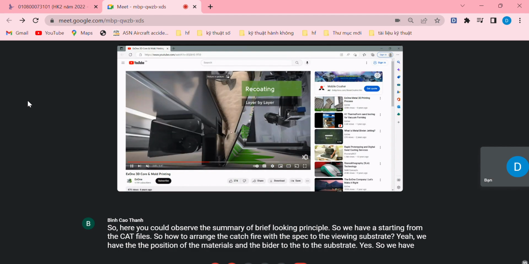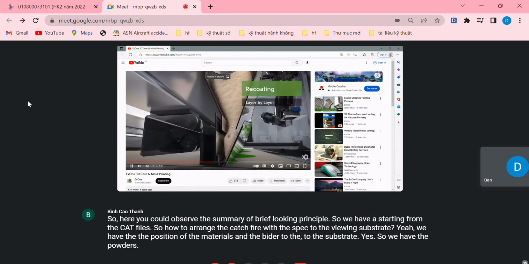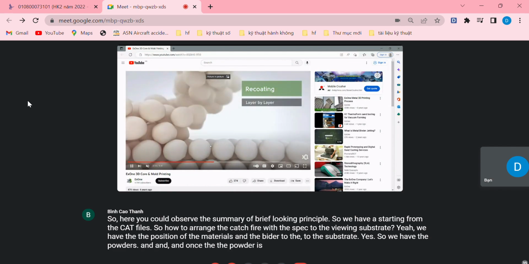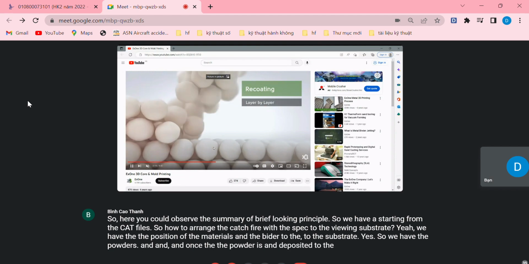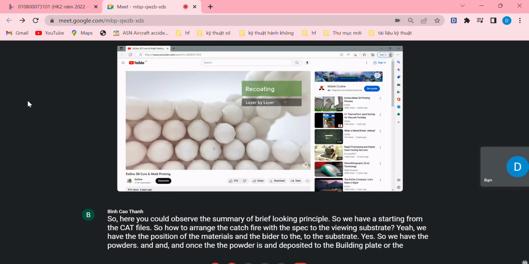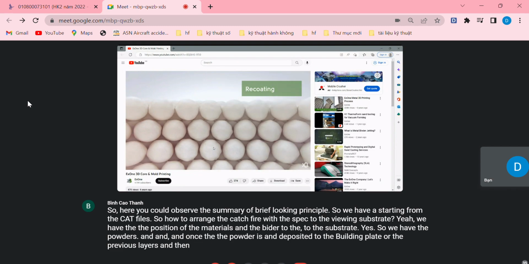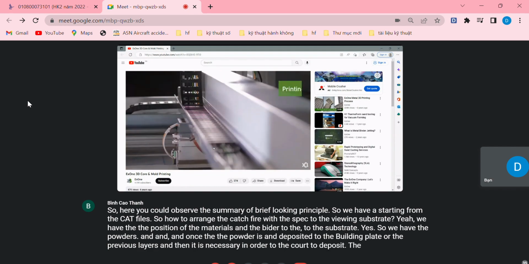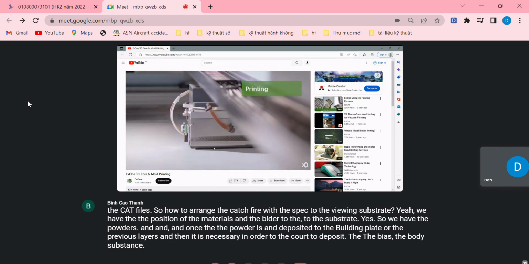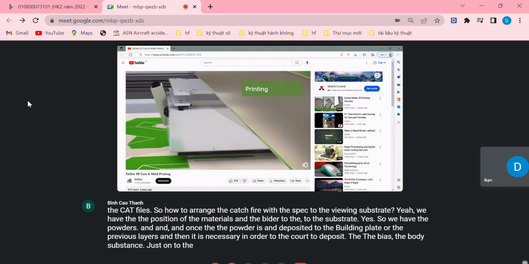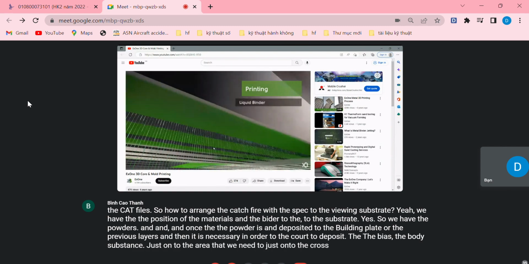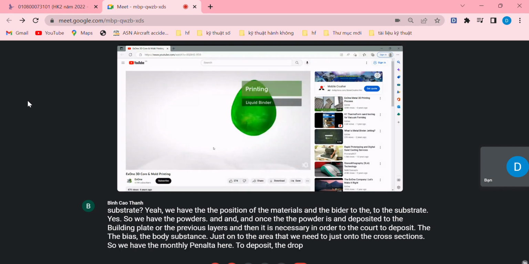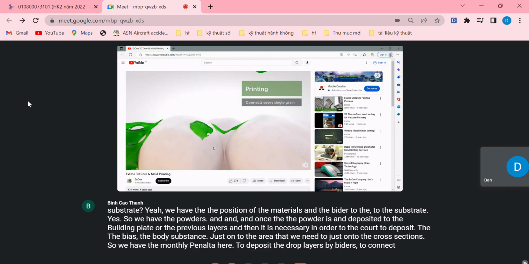So we have the powders, and once the powder is deposited onto the building plate or the previous layers, it is necessary to deposit the binding substance just onto the area that we need, just onto the cross sections. So we have multiple nozzles here to deposit droplets of binder, to connect the powders together.